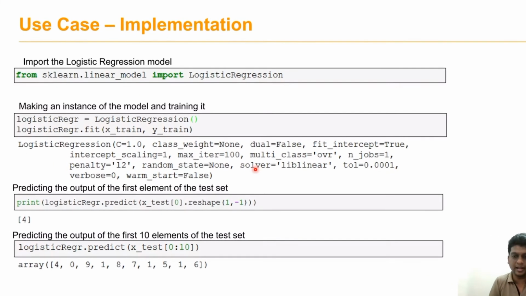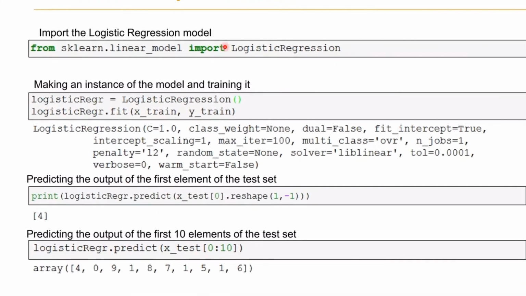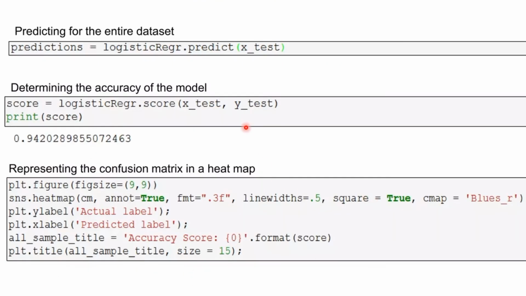After separating, we import the required logistic regression model to predict the output of the first element of the test data set. Now we predict the output of the first 10 elements of the data set in an array. The entire data set is predicted.